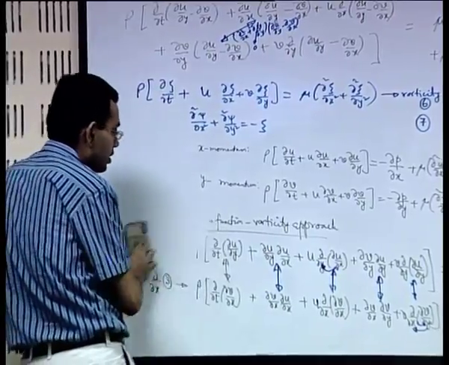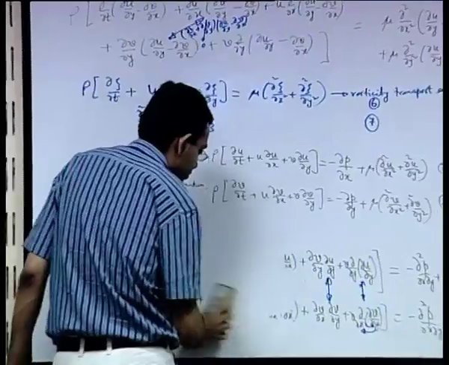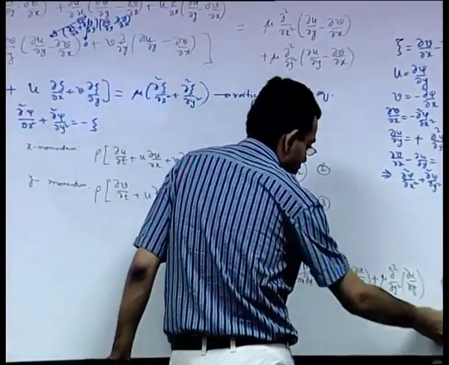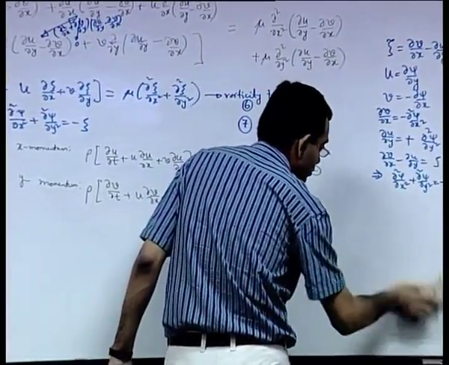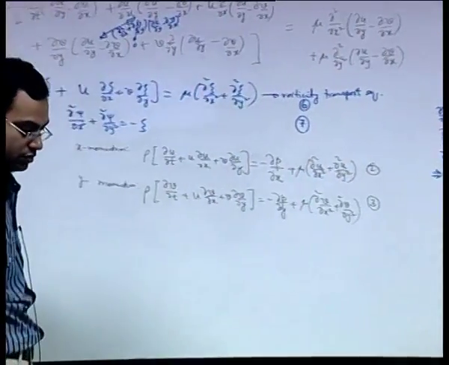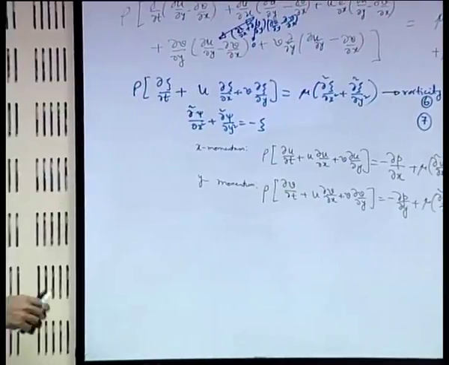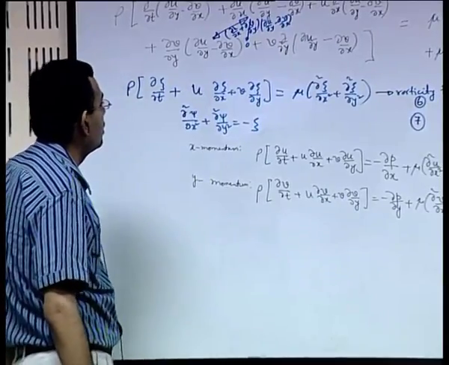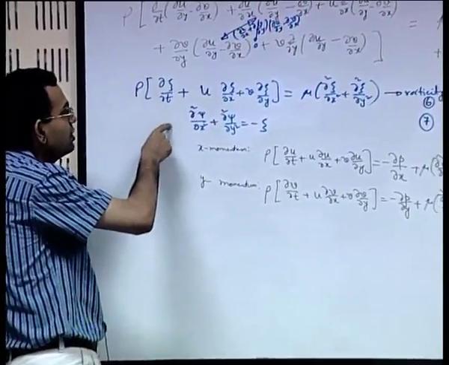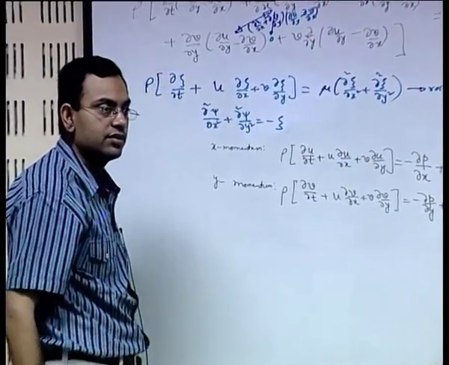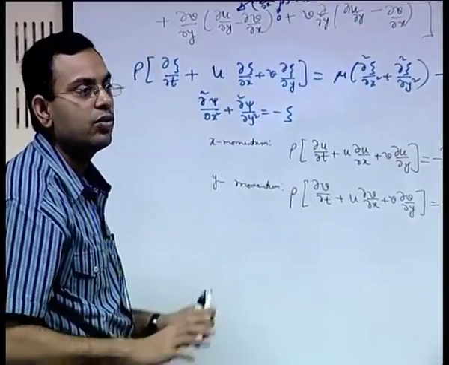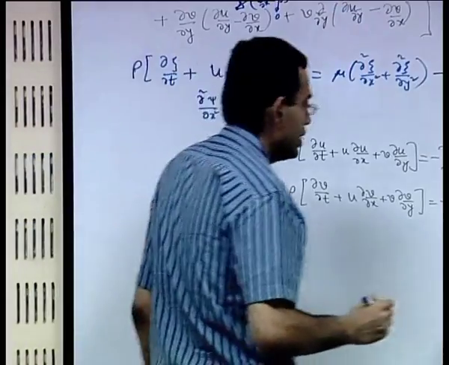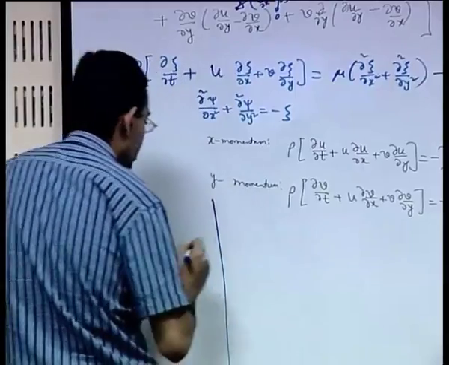So, how are these equations numerically solved? You must have the stream function field and the vorticity field at time equal to 0. So, let us write it somewhere.